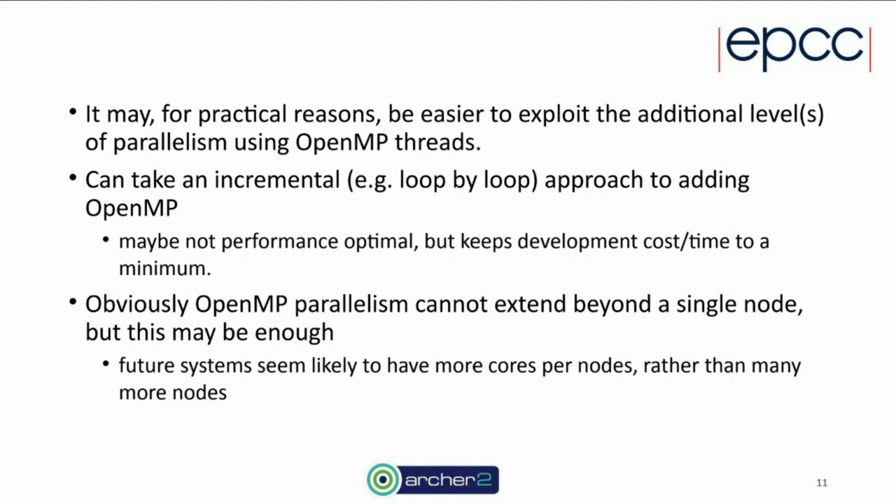If you look at what's happening to modern HPC systems, they are getting more powerful, but what's happening is that we're getting more cores per node, while the total number of nodes isn't really changing that much.